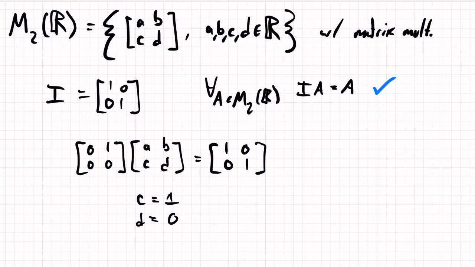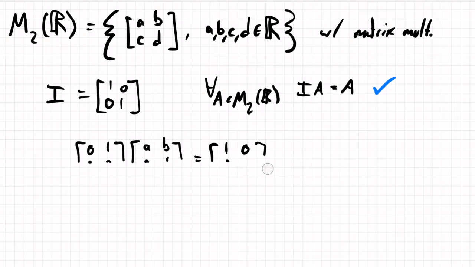And then if I multiply this by this, I'll get B times 0 plus D times 0 equals 1, which gives me the equation 0 equals 1. This is bad. And this is why this matrix right here doesn't have an inverse. This is just a proof, I guess, that this matrix doesn't have an inverse.